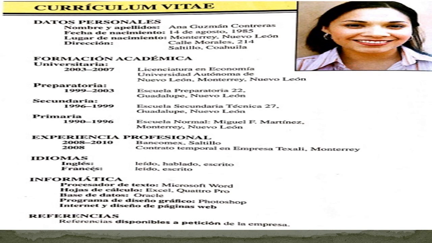¿De dónde es Ana? Ana es de Monterrey, Nuevo León, México. We could also ask where she was born. What is her birth place? ¿Dónde nació Ana? Ana nació en México.